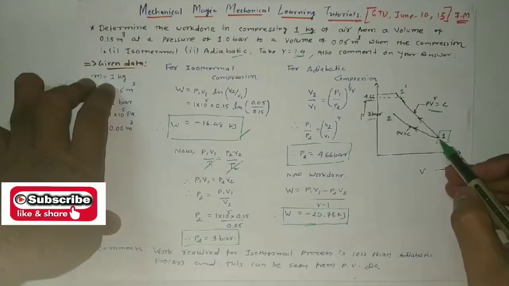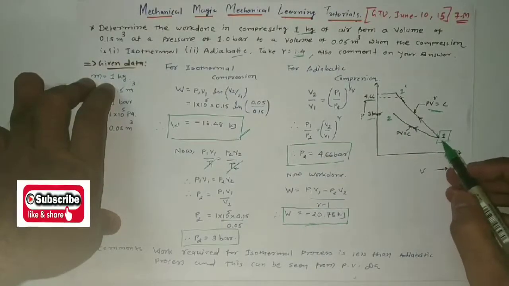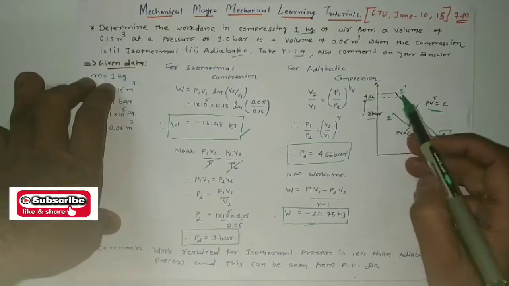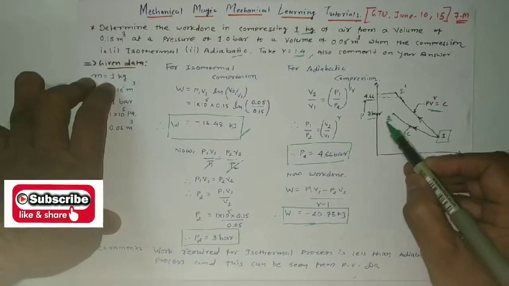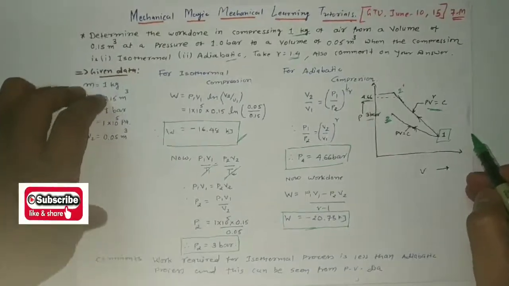So from 1 to 2 process, you can say work done required for isothermal process is less than that of the adiabatic process. So that will be having a minimum pressure in the case of isothermal process.